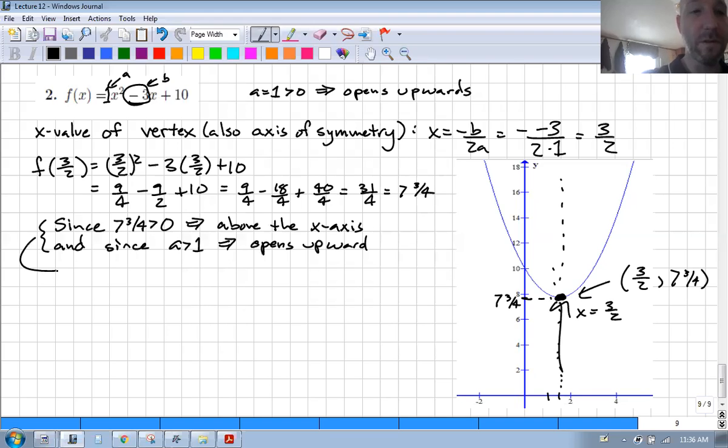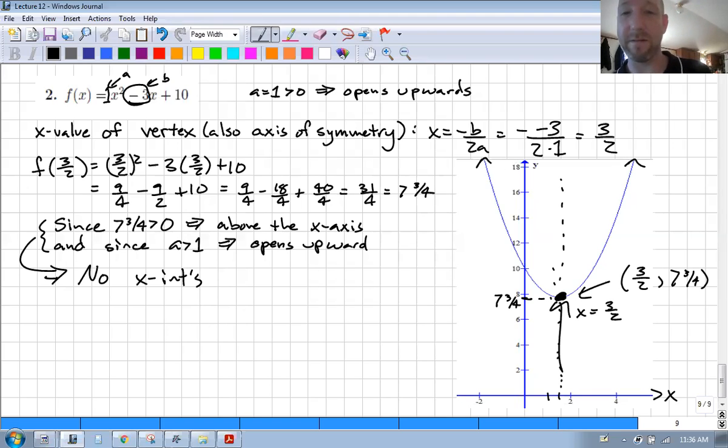Both of those tell us that there are no x-intercepts. Here's your x-axis. It's not crossing the x-axis because your vertex is above the x-axis and it's opening upwards.